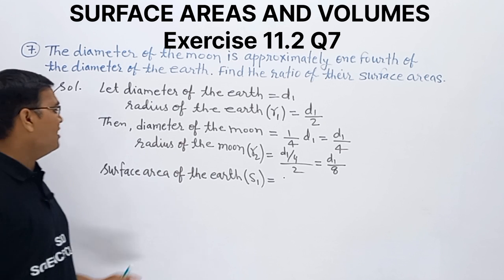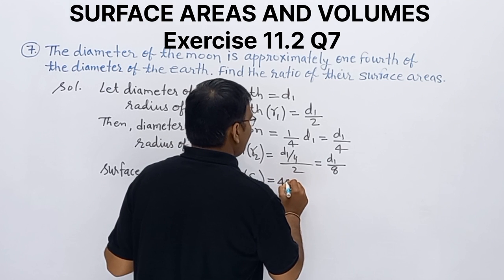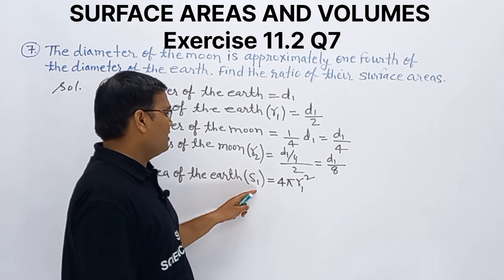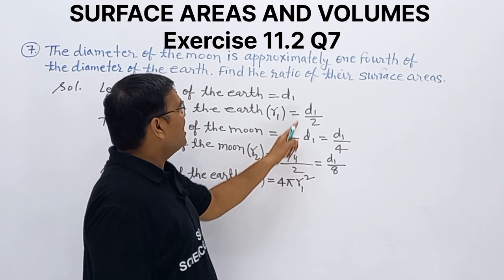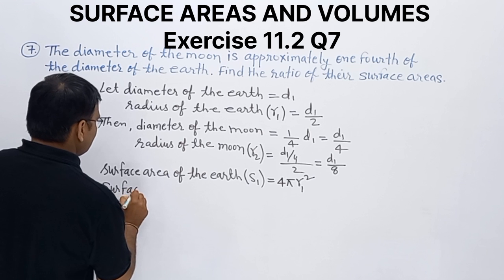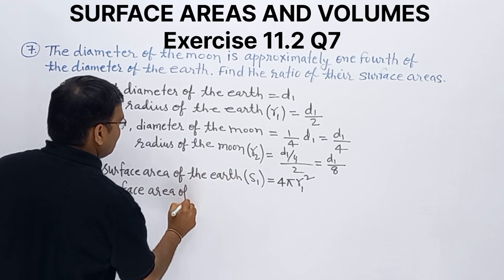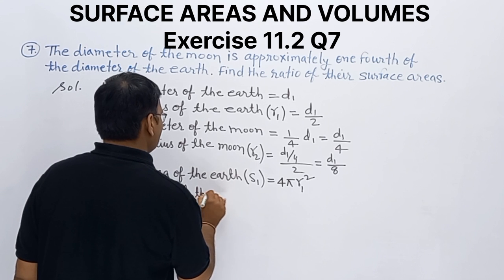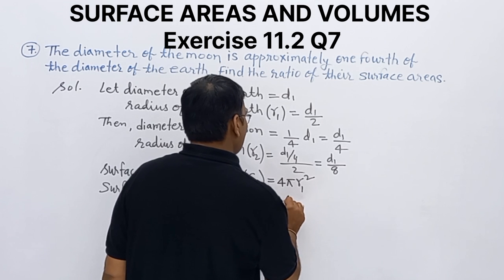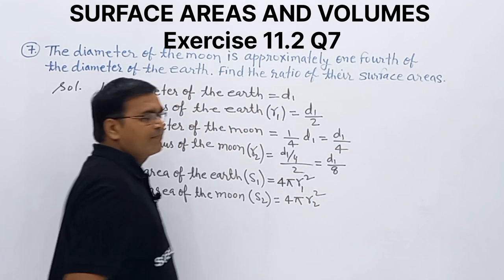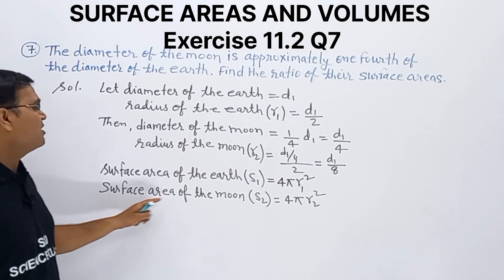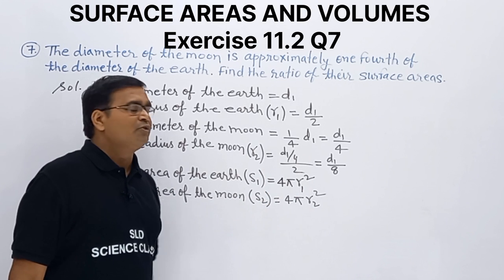This can be written as 4 pi r1 square. Surface area of the moon, I am taking this as S2, and again the moon is a sphere, so its surface area will be 4 pi r2 square.